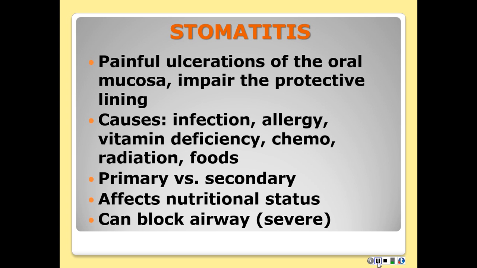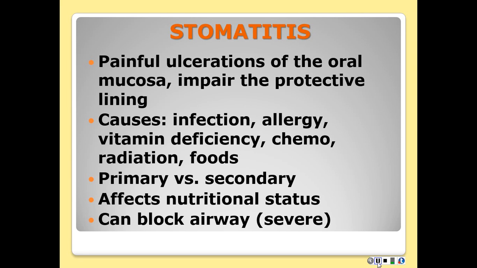Chemo radiation is really harsh to the mucous membranes, so it affects the mouth as well. Some foods. Sometimes your patient has stomatitis because they're not very hygienic, not good mouth care.